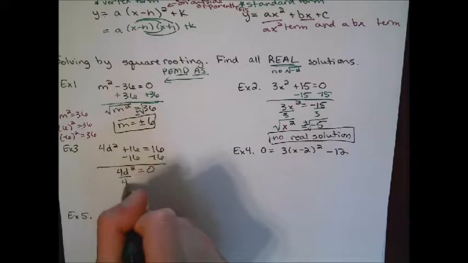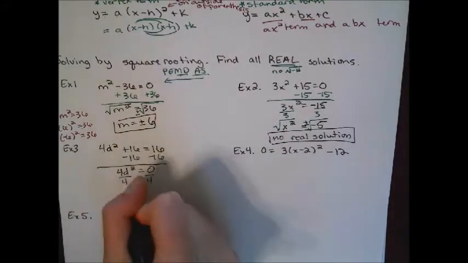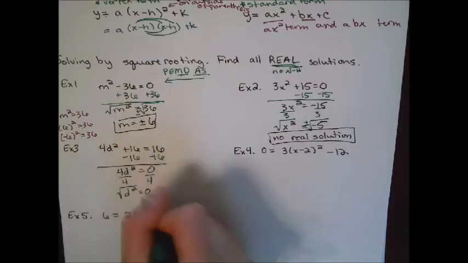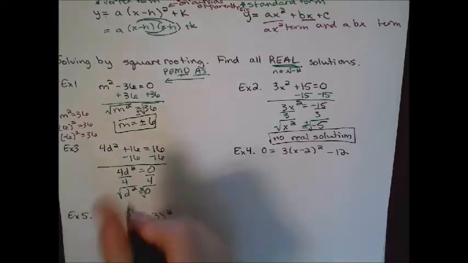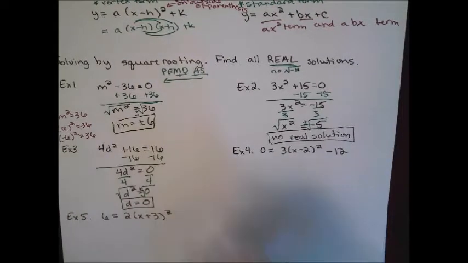Divide by our 4, undoing our multiplication, division. Then undoing our exponent, not forgetting that plus or minus, I get d equals 0. Now, 0 is neither positive nor negative, so we just have it as 0.